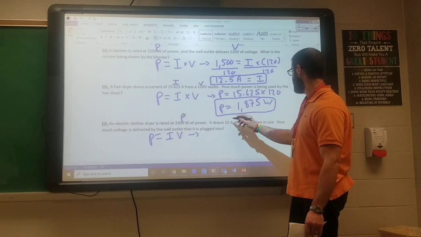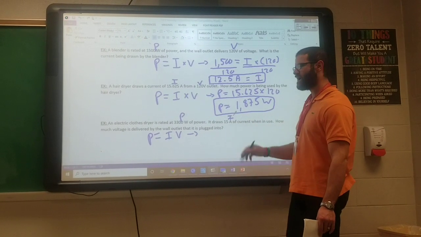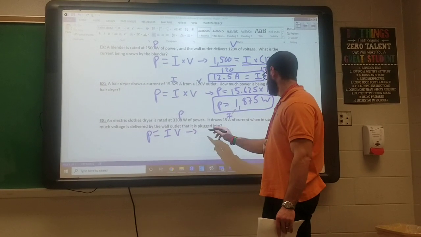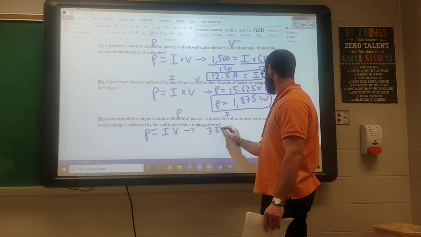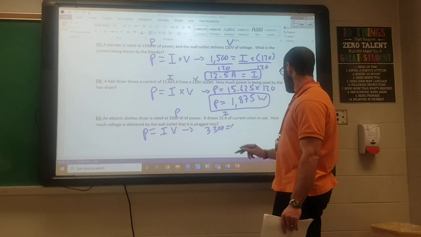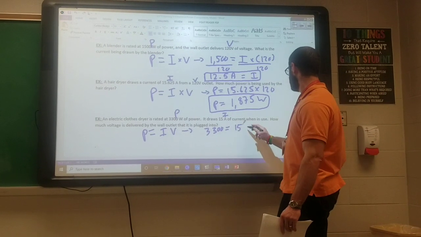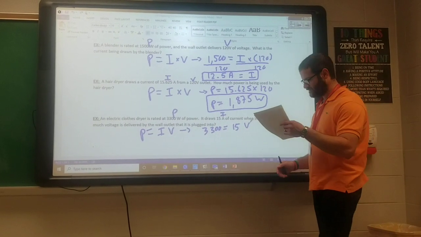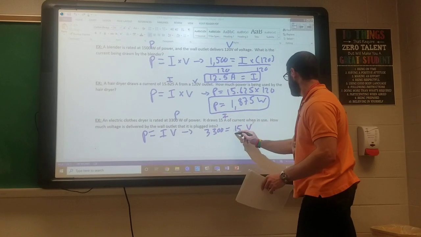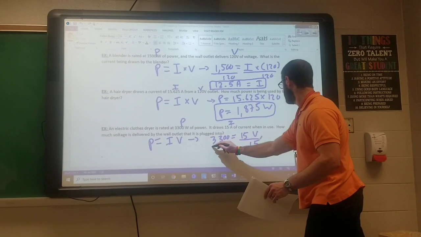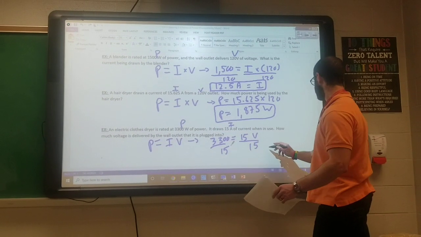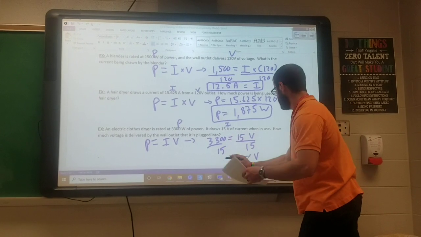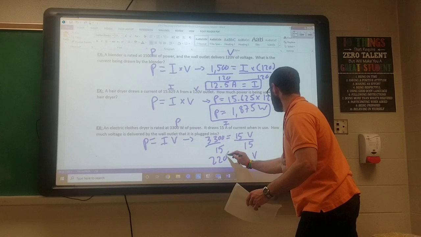It draws 15 amps, and amps are current, that's I. We're trying to find V. So plug in 3,300 for P, I is 15, and V we don't know. We divide both sides by 15, and we will find that our voltage is equal to 220 volts.